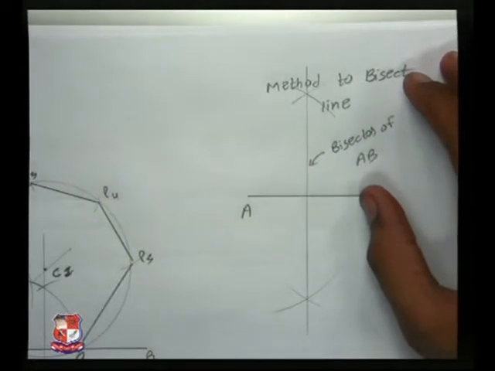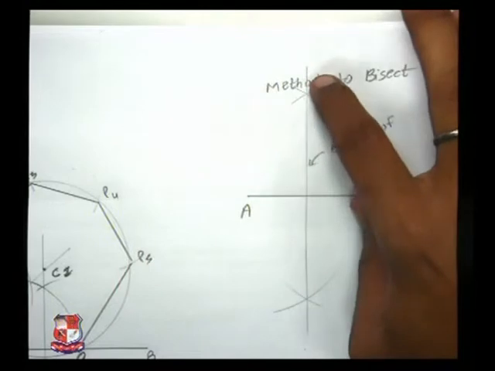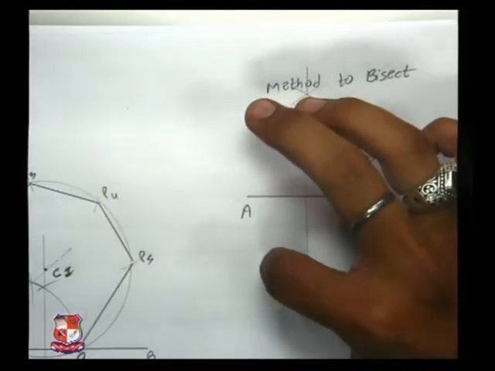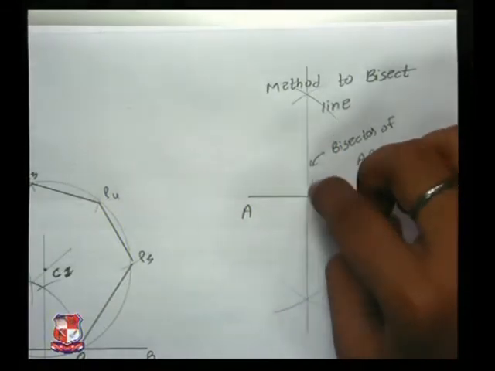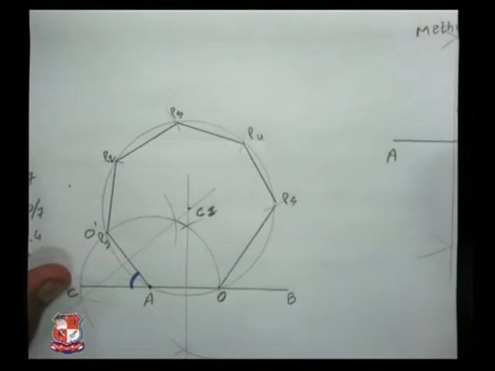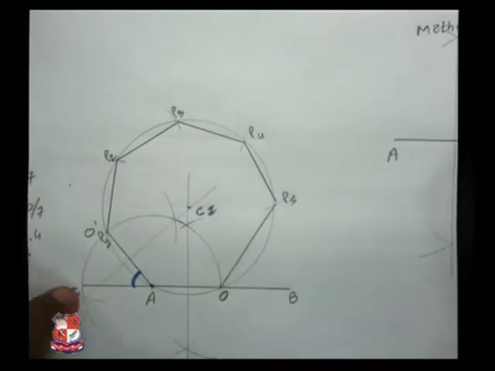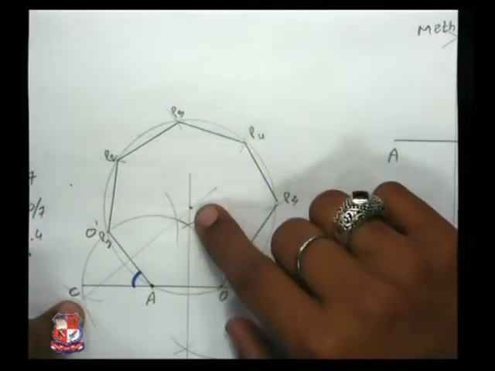Take B as center, AB as radius, mark arc on both the sides. Join this line and you can get your bisector. With this method only, I have taken the bisector of O'A and OA.